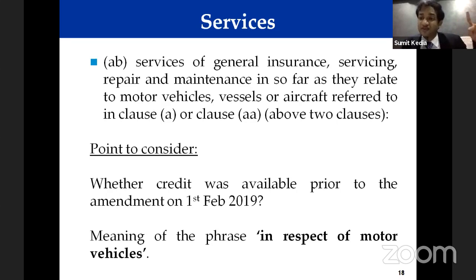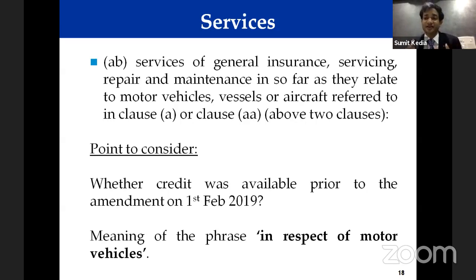The words used earlier, prior to 1st February, were "in respect of motor vehicles": ITC will not be available in respect of motor vehicles. Now, in a couple of Supreme Court judgments, they have discussed in detail what "in respect of" means. They have said "in respect of" is like "on". So credit is not available on motor vehicles.